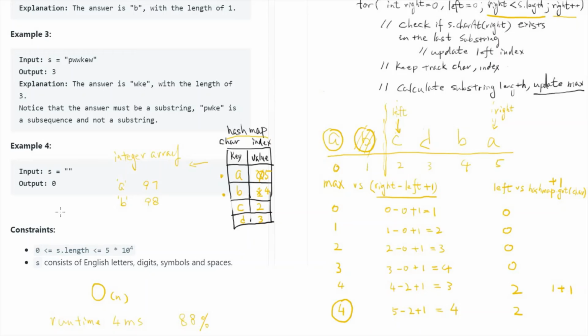Let's say we have an integer array to keep track of the last position of the characters. We call it last position, and it's an integer array. So if we want to reference the letter A, we can simply use its ASCII code as the index of the integer array.